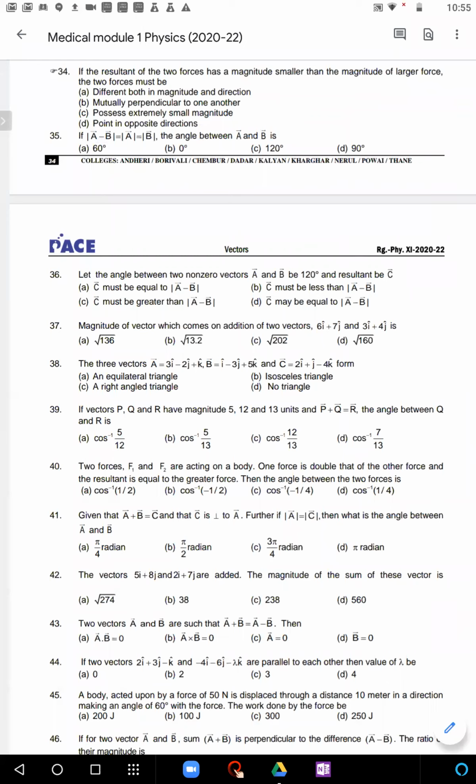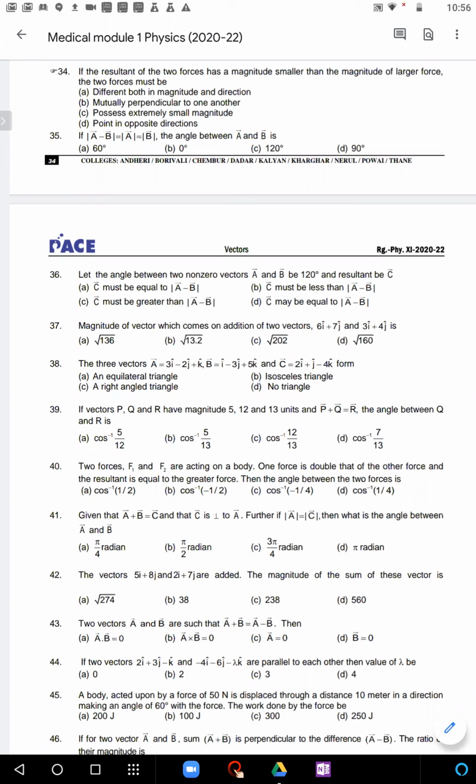इनको बस ऐड कर लो, साफ साफ दिख रहा है 5 + 2 is 7, i cap हो जाएगा 7 i cap, 8 + 7 is 15, और उसका magnitude पूछा है तो 7 i cap + 15 j cap का magnitude, root of 7 square + 15 square, देखो कितना आता है, 225 + 49, 274 आ जाएगा उसका root.